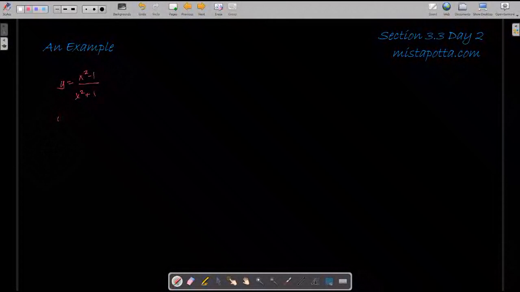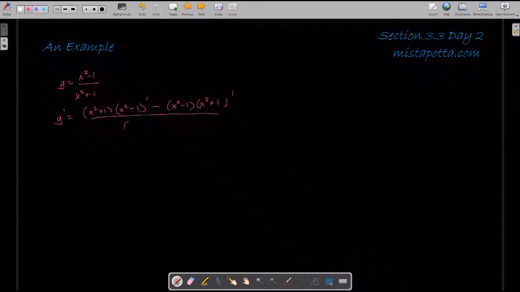So that means that the derivative has got to be the denominator times the derivative of the numerator minus the numerator times the derivative of the denominator over the denominator squared.